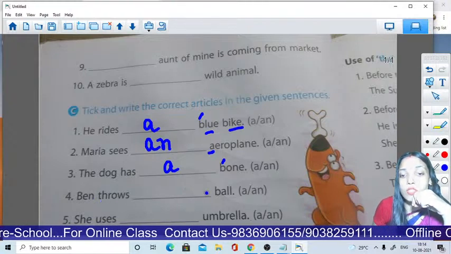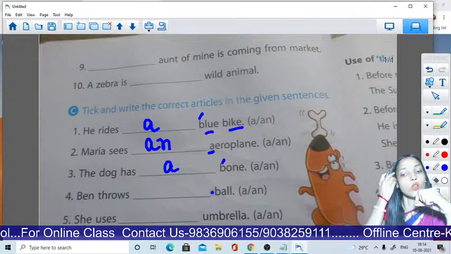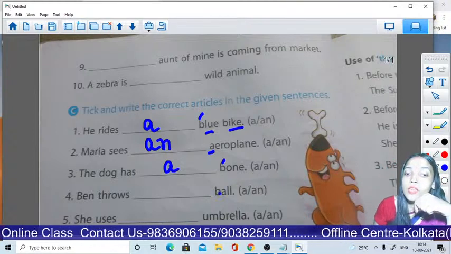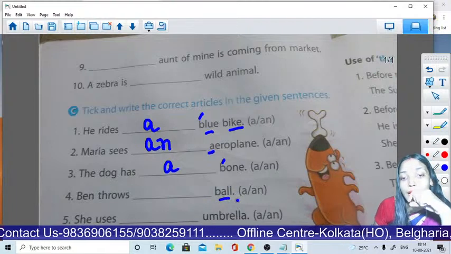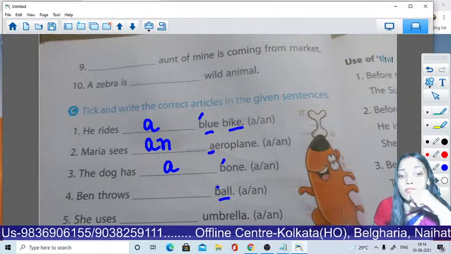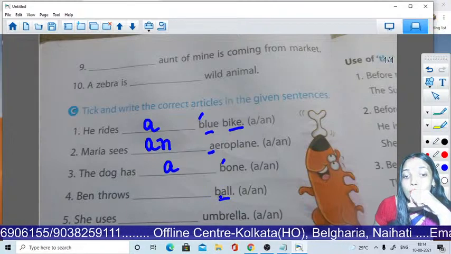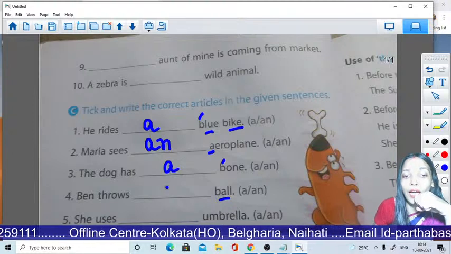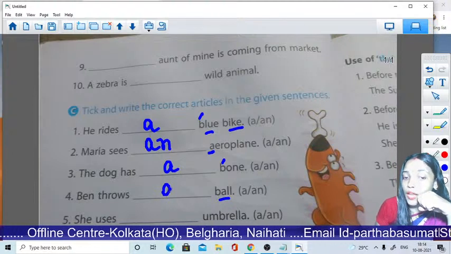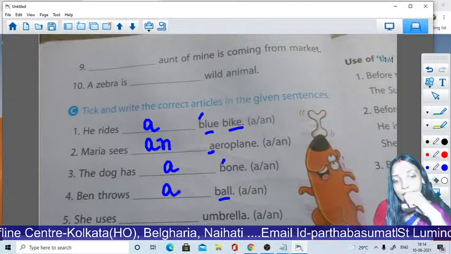Now number 4. Ben throws blank ball. Here the singular noun is ball. And the beginning letter of ball is B. It's not vowel, it's consonant. So, you all have to write here a.